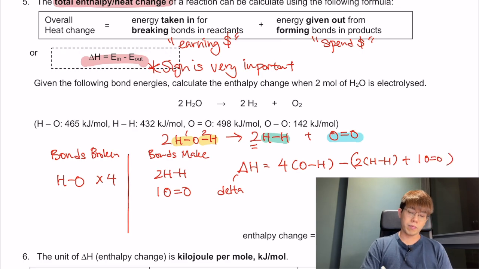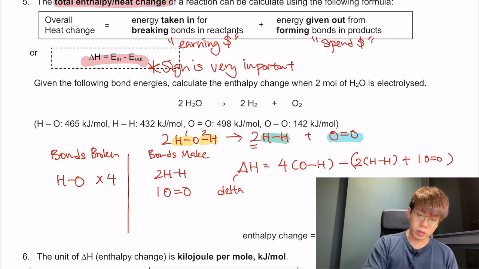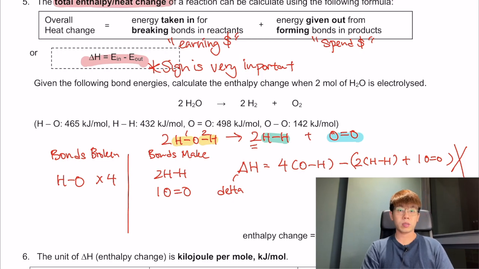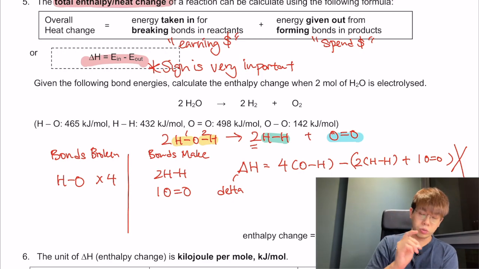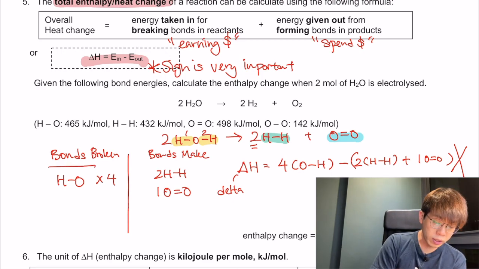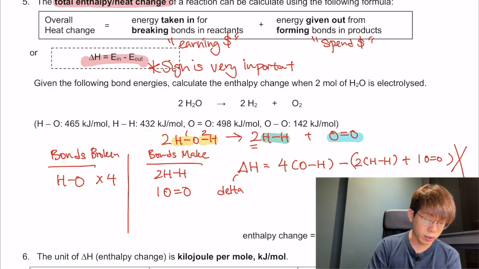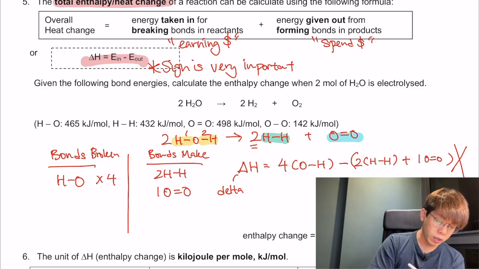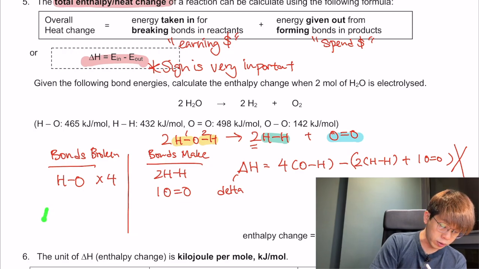So you can see the math is a bit complicated. So my suggestion to you is to not do this. Don't do this. My suggestion is to actually, in this table over here, do the calculations first. So for bonds broken, you can do the calculation here.